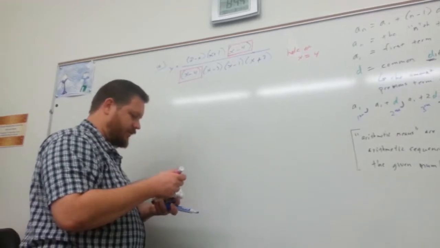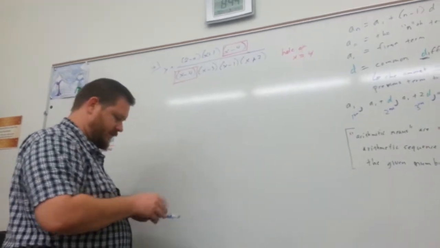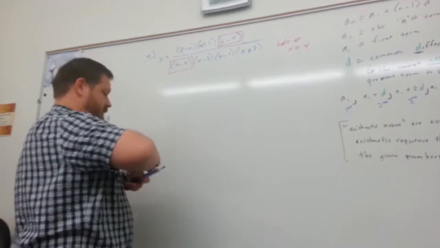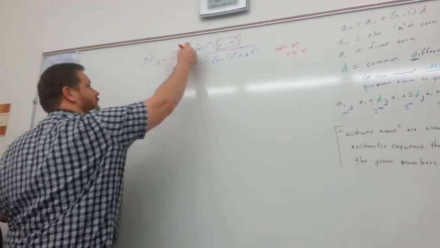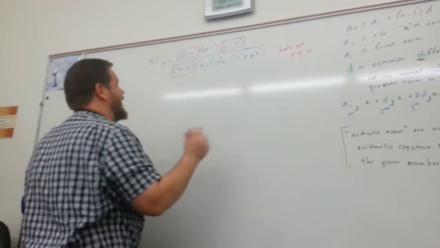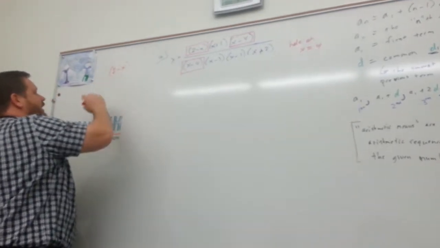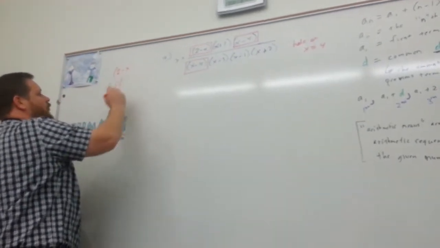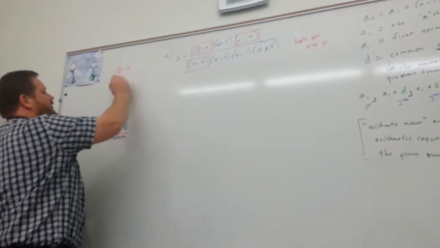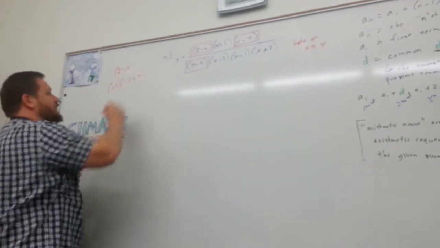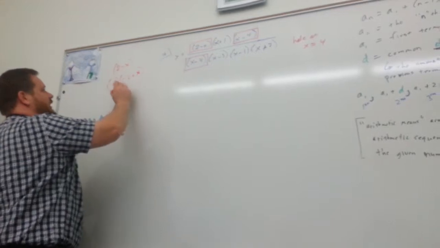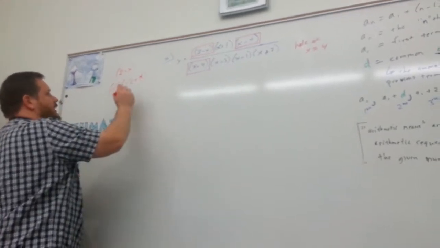The other thing that we're going to want to do with this is, with this term right here, 2 minus x, if I factor out a negative 1 from that, I'm going to change both of those signs. Right? 2 goes to negative 2, negative x goes to positive x.